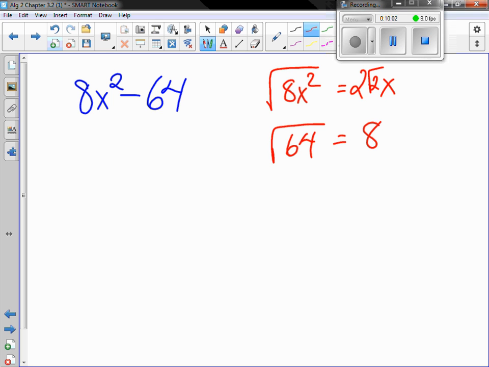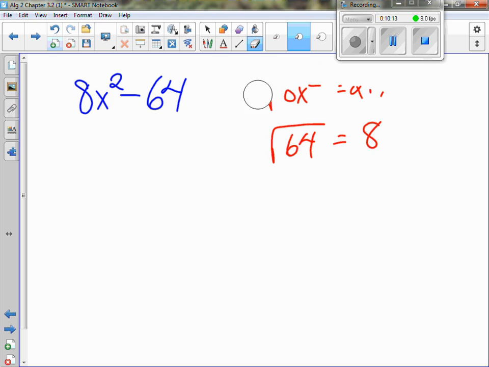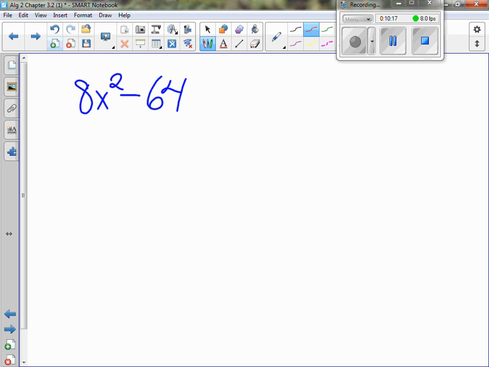8 is not a perfect square, is it? No. But this is still a difference of perfect squares. Because what we should notice is there is a greatest common factor between these two, yes?